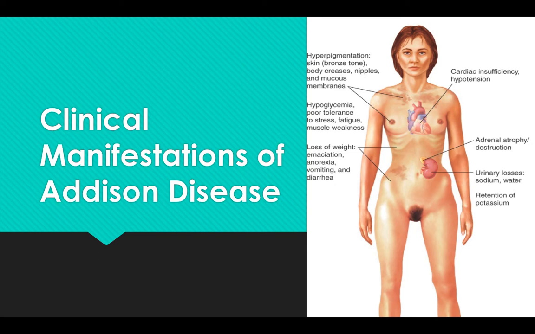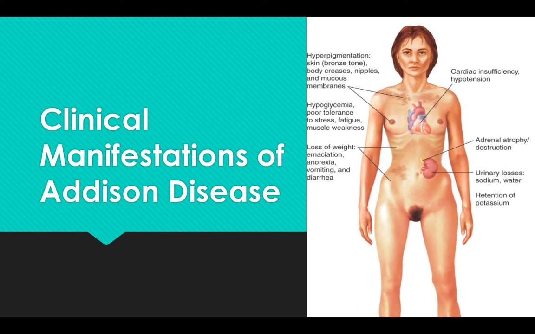The signs and symptoms that we would see are related to the decrease in the hormones that are being secreted. So, hypoglycemia, a very active GI tract, so vomiting and diarrhea, hypotension, low blood pressure, potassium retention, high potassium, hypercalcemia, high calcium, hyponatremia, low sodium, muscle weakness, arrhythmias because of the differences in the potassium.